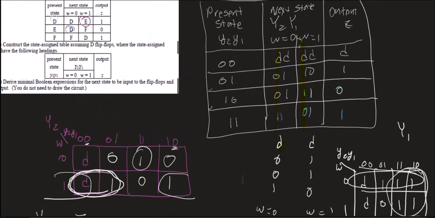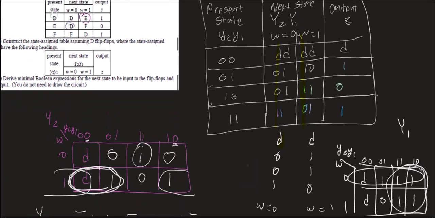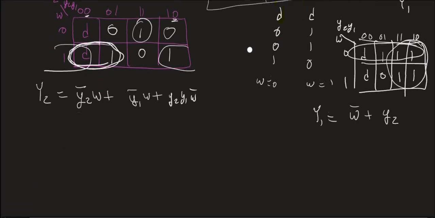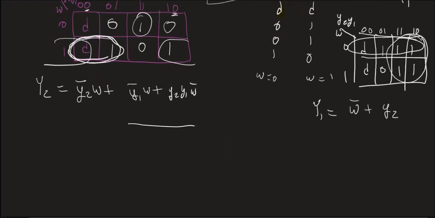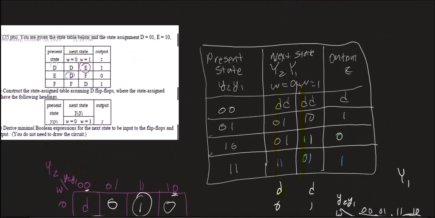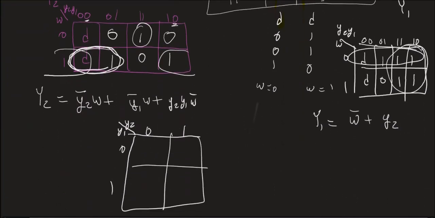And then lastly, we need to get our output. So our output depends just on our input. I'm sorry, our output depends just on our present state, not on our input. So it depends just on y2 and y1. And when y2, y1 are 0, 0, we don't care.